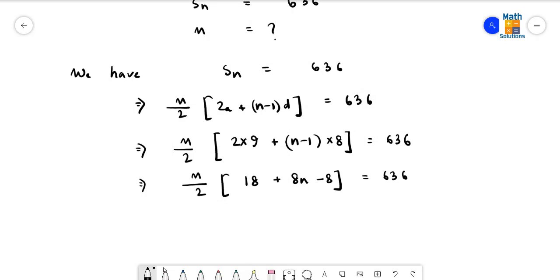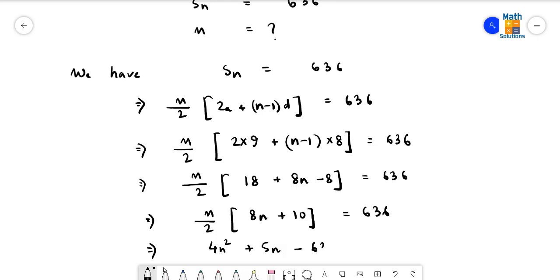After this what would we get? n by 2 times (8n plus 10) is equal to 636. On reduction we shall get 4n square plus 5n minus 636 is equal to 0.